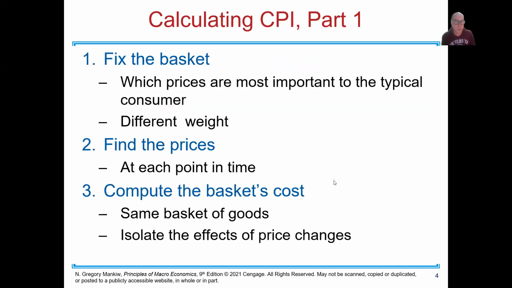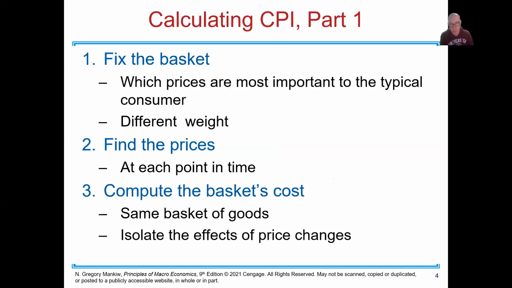So in order to calculate the consumer price index, we first need to look at the range of prices for goods and services and apply a weight for these goods and services. The second thing we do is find the prices for each of these items at certain points in time.